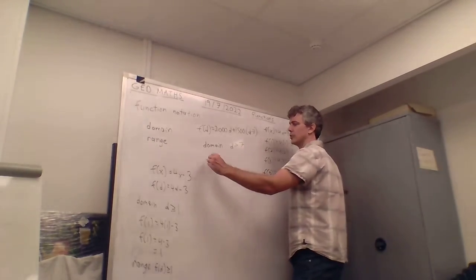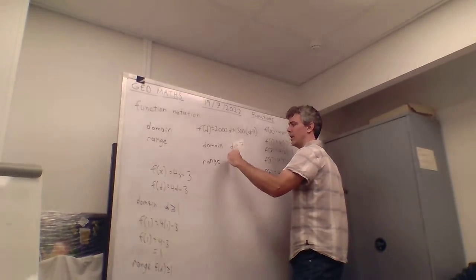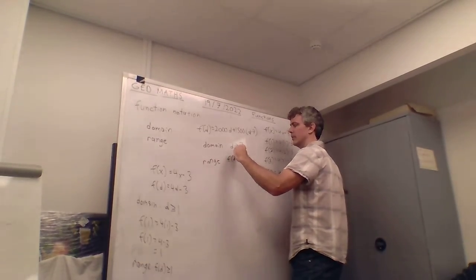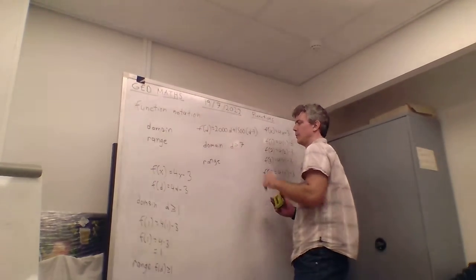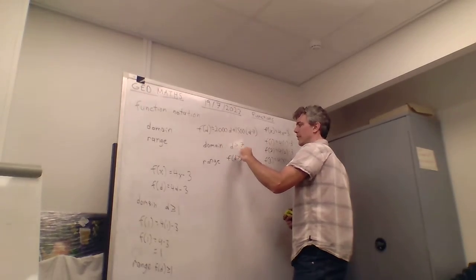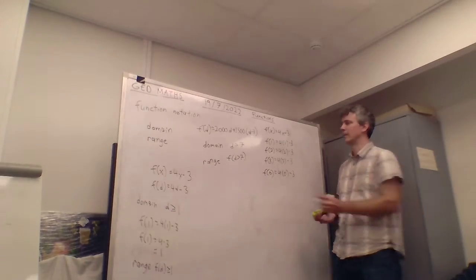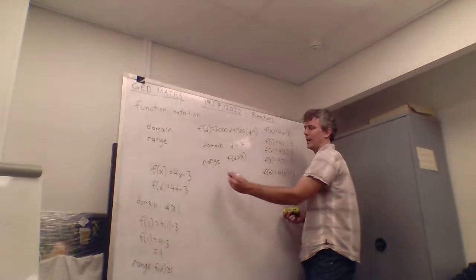So then the range is going to be f of d. The range will be f of d greater than 7, basically. Right? So we solve for that. So for this, let's just do the d equals 7.